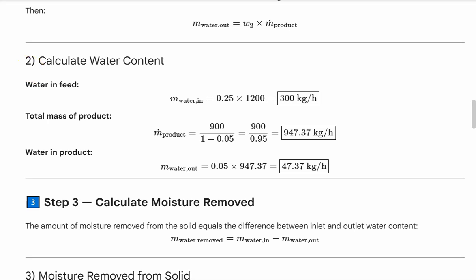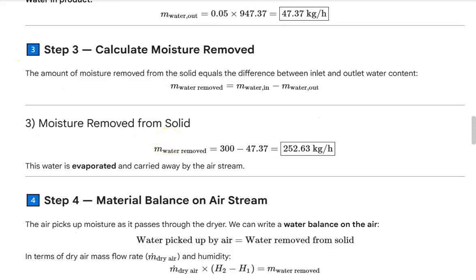So 300 minus 47.37, that is 252.63 kg per hour. So the water is evaporated and carried out by the air stream, that is 252.63 kg per hour.